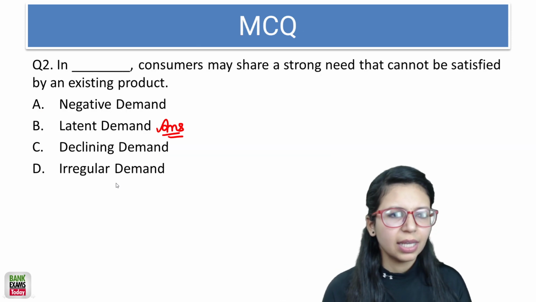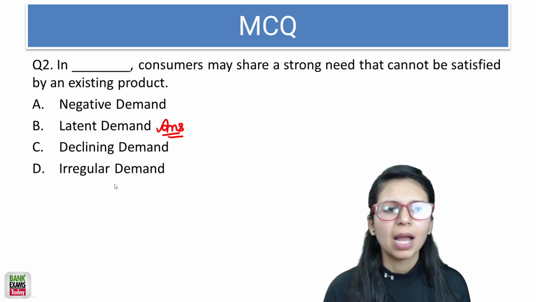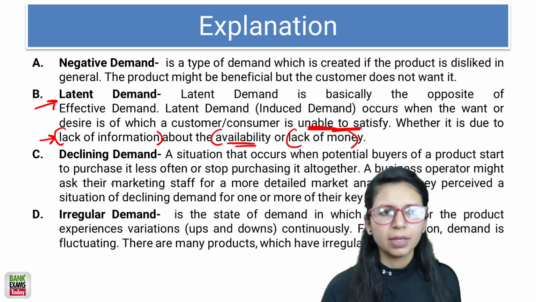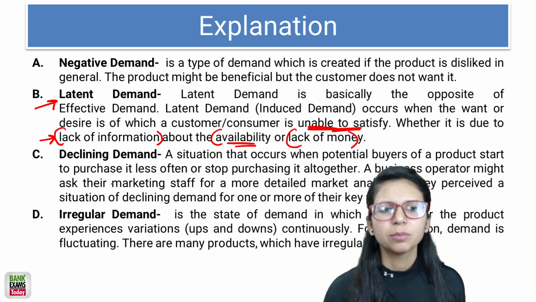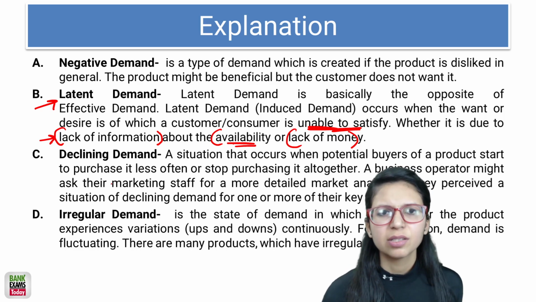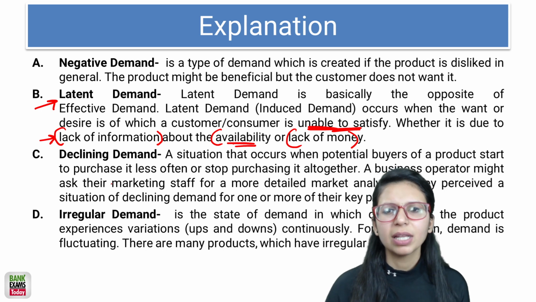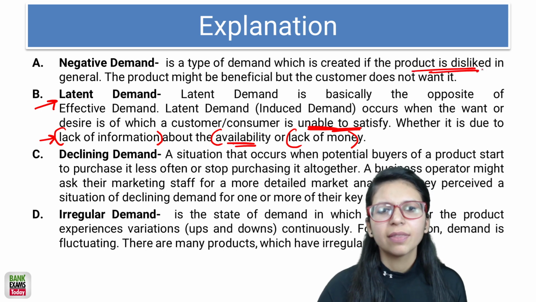Then there are other options like negative demand, declining demand, irregular demand. Negative demand is basically when the product is disliked, then it becomes negative demand in the market.